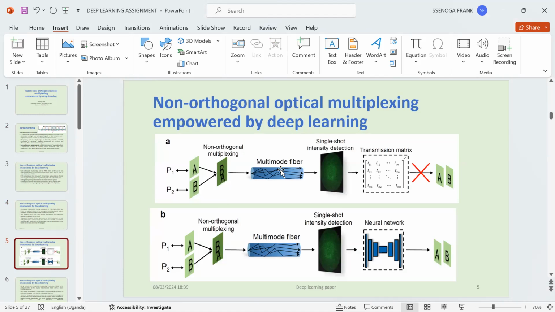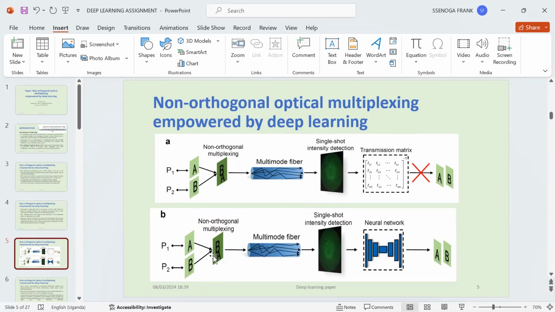Now, this diagram here shows how the non-orthogonal signals fail to reach the destination by use of this transmission matrix here. But when we use the neural network, we shall see that the non-orthogonal signals reach their ultimate destination.